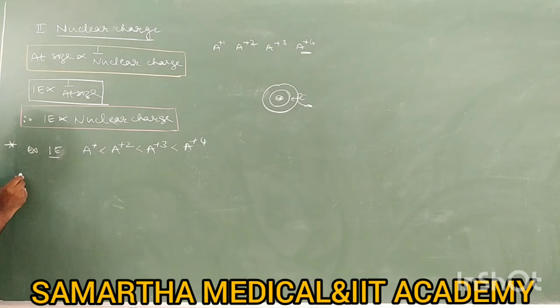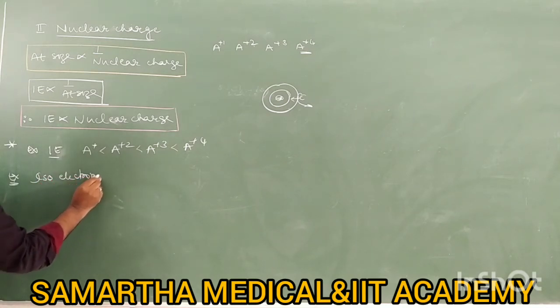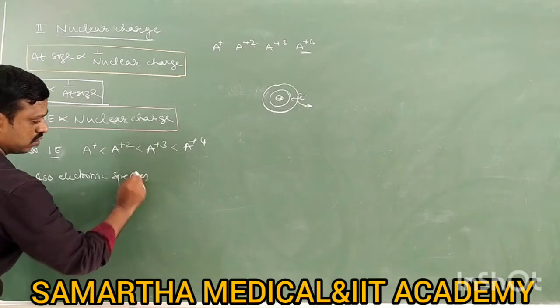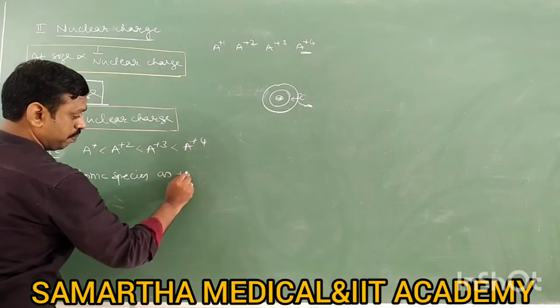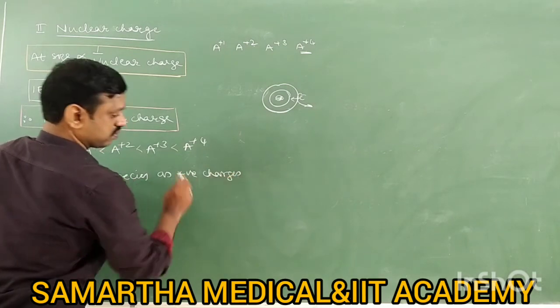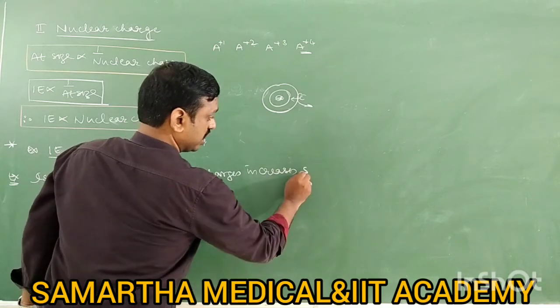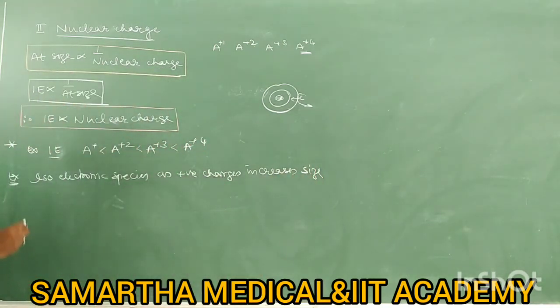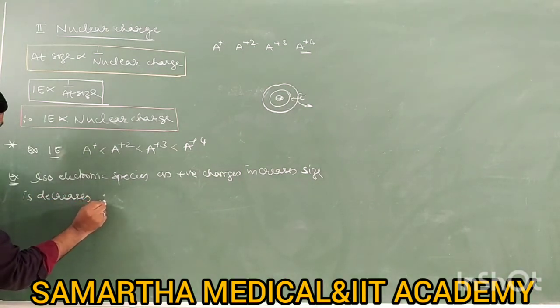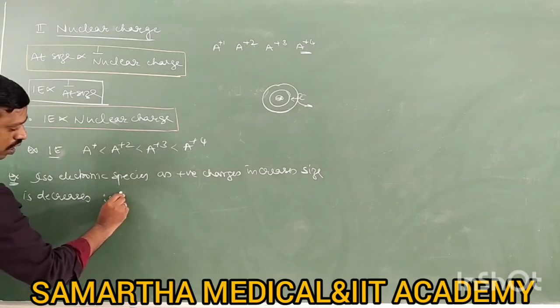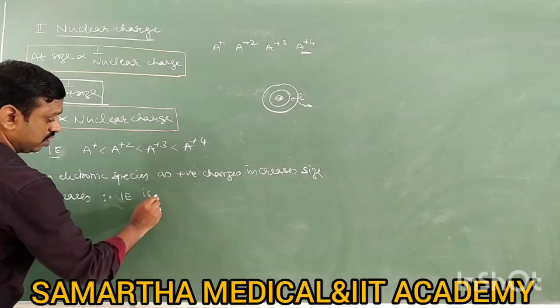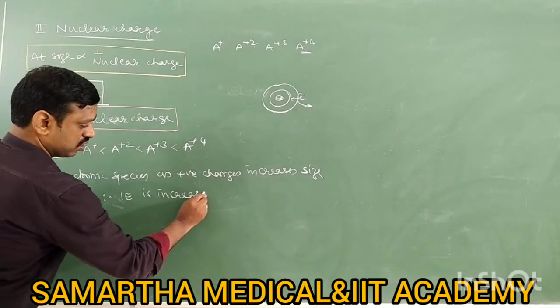Let us take one more example, isoelectronic species. In isoelectronic species, as positive charge increases, size decreases; this we have studied. Therefore ionization enthalpy increases.